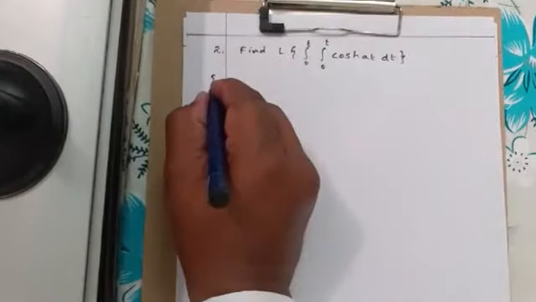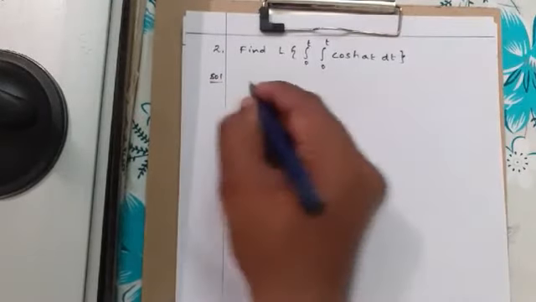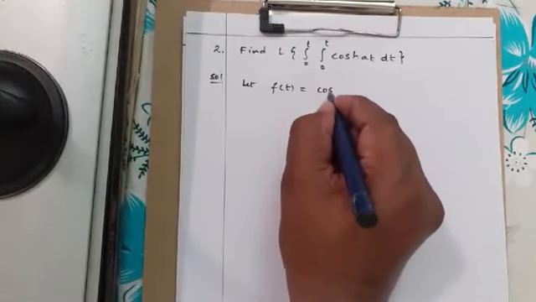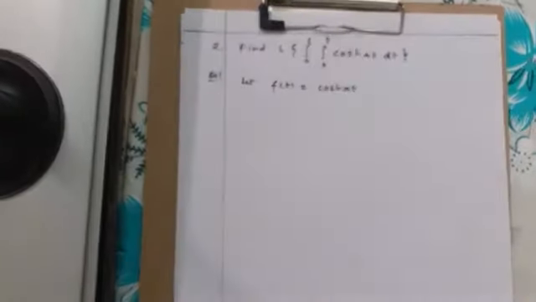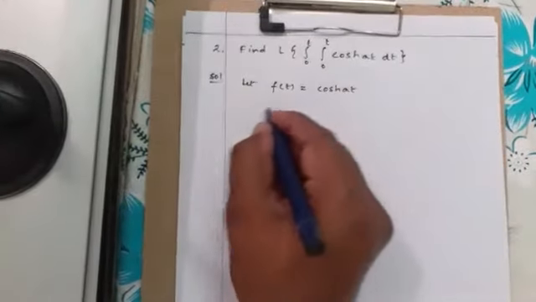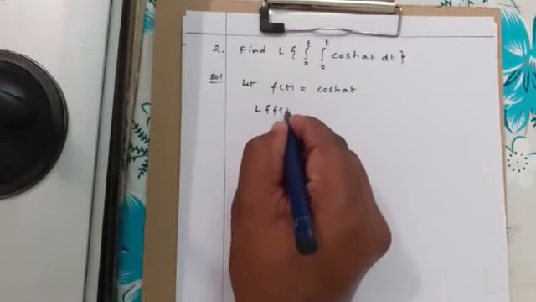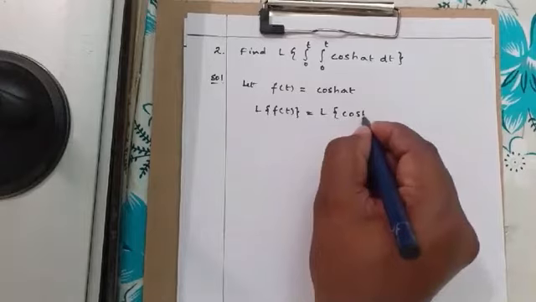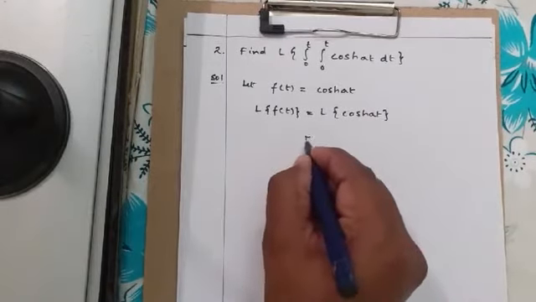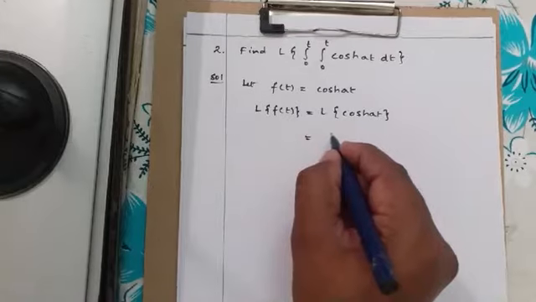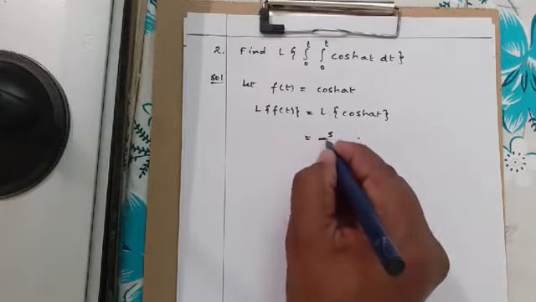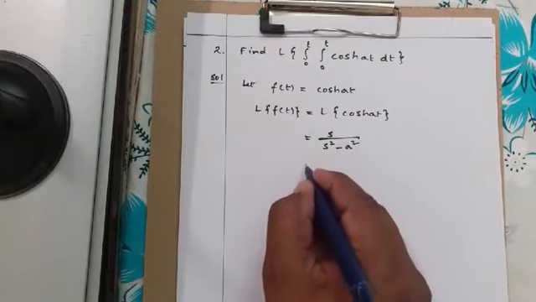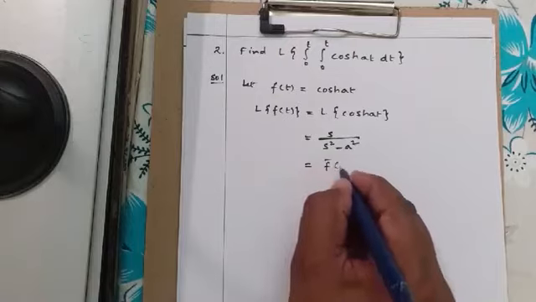Now when you find the solution of this, you can see we have f of t is nothing but cos h at. Now when you find Laplace of f of t, that is equal to Laplace of cos h at. You know Laplace of cos h at is nothing but s upon s square minus a square. So that is equal to f bar s.